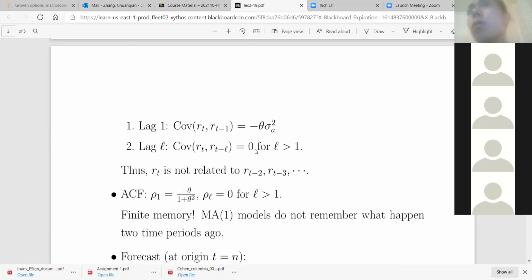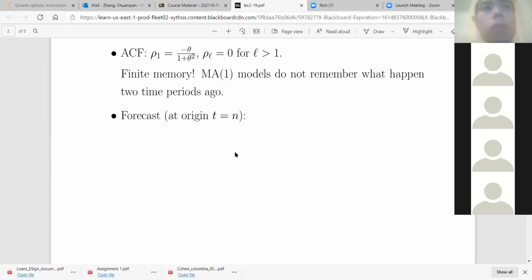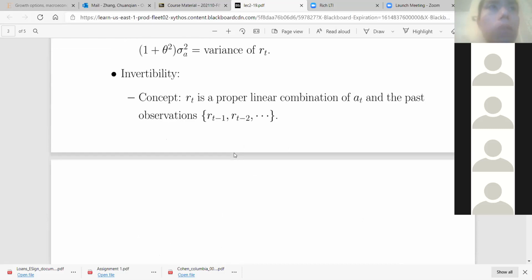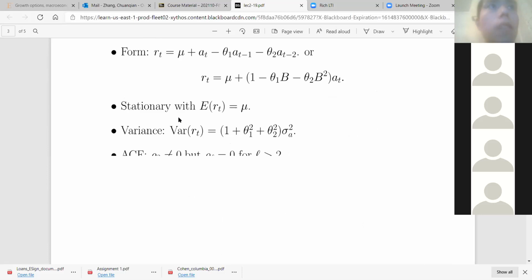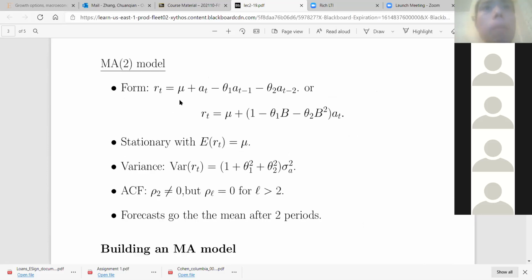That means the autocorrelation will be only some number for lag one. Beyond one, the autocorrelation equals zero. Now let's look at MA2. For MA2, it's similar, right? For the autocorrelation, up to lag 2 it will be not equal to 0, but beyond 2 it will be 0.